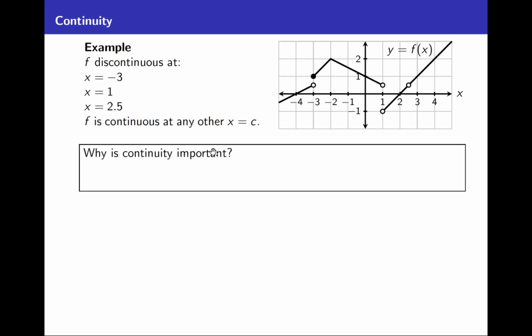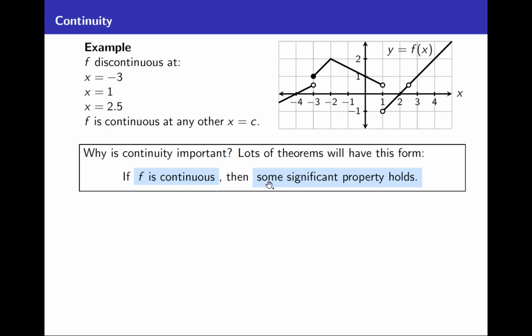Well, why is continuity important? We'll see a couple of reasons today, but as you go through calculus, you'll see more and more reasons why continuity is crucial. What I can say for now is that you're going to find a lot of theorems in this course that have the following form. They'll say something to the effect of, if f is continuous, then some significant property holds.